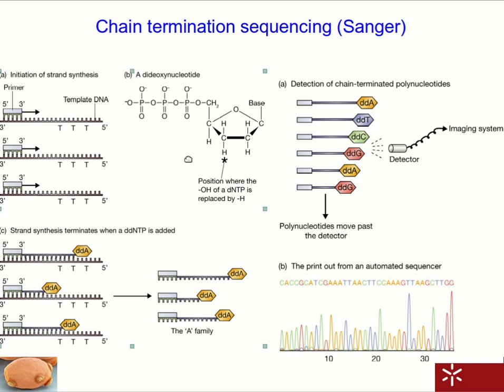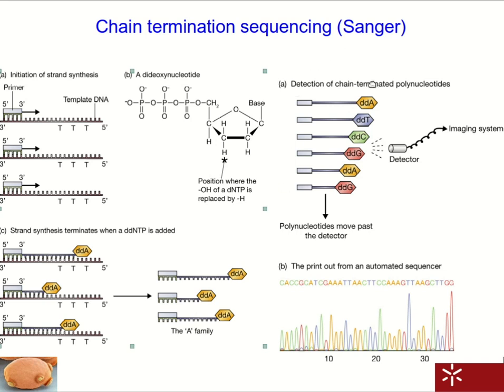When such a nucleotide is incorporated, the product can no longer be elongated because there can be no phosphate bond here. This means that there will be a mixture of different copies of the original molecule, each ending with a dideoxynucleotide. This can be separated by a gel or a capillary gel instrument.